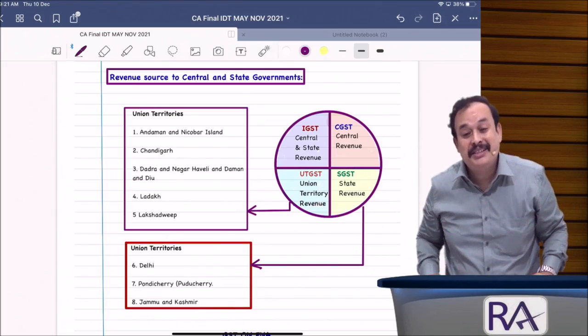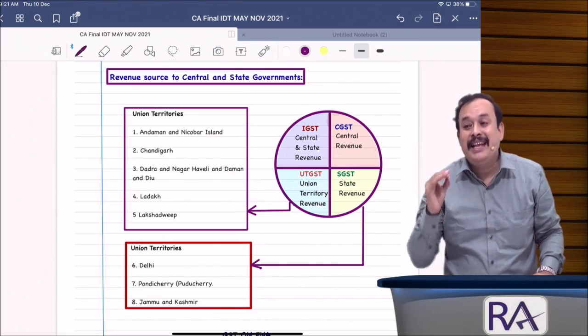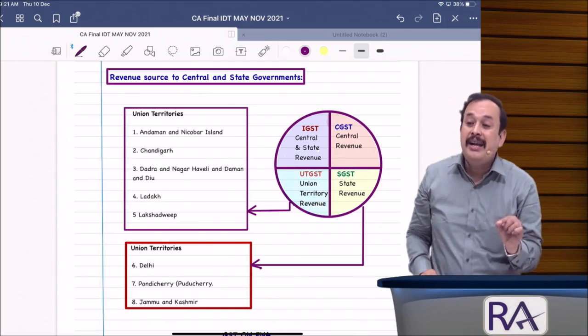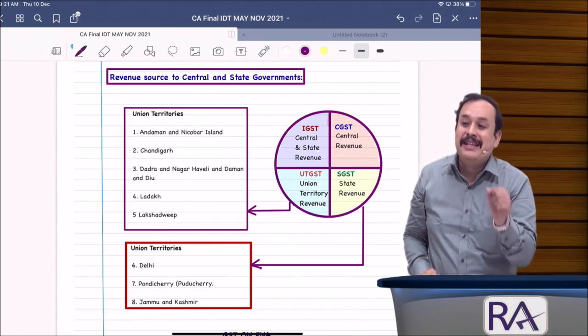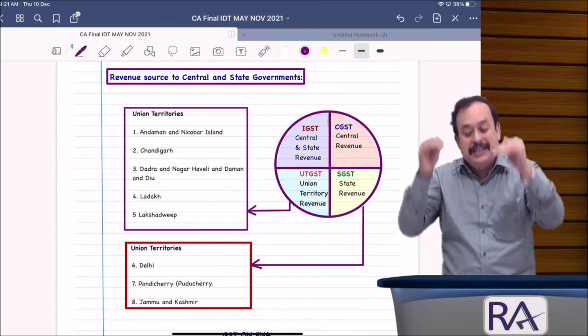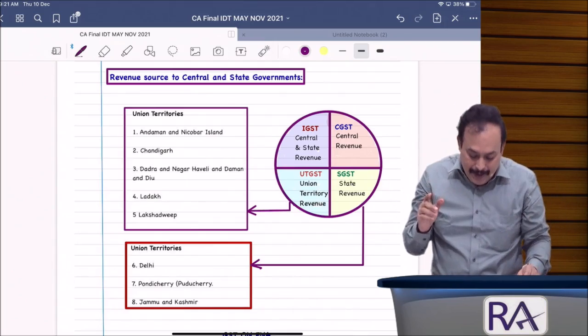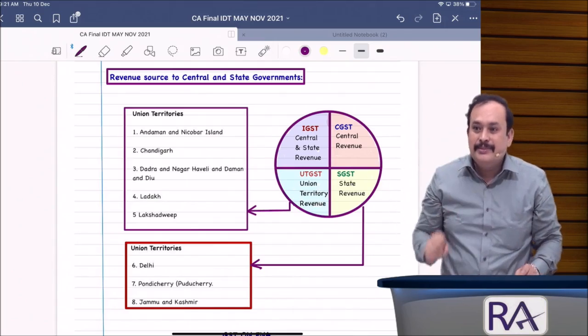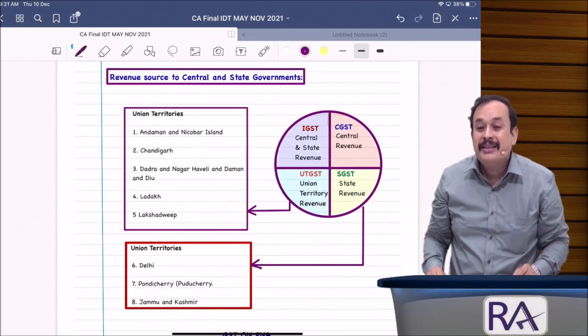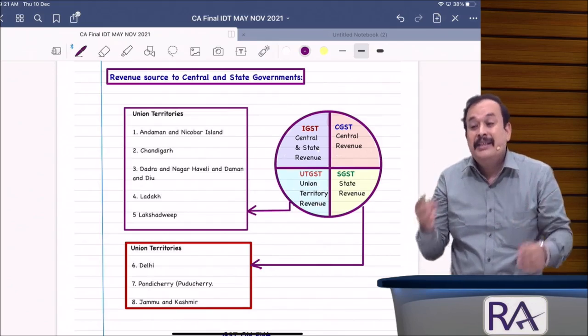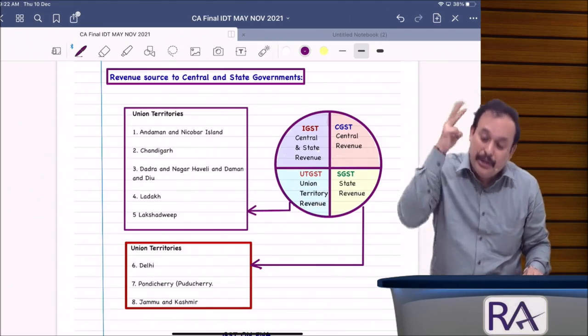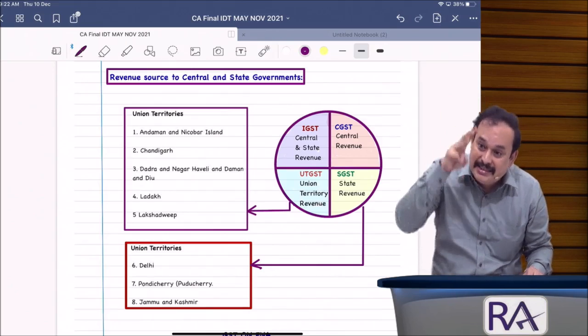How many states do we have? 28 states and 8 union territories. Out of the 8 union territories, 5 have no state assembly and 3 have a state assembly.